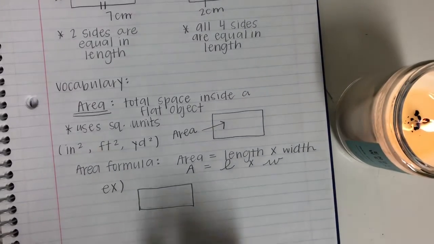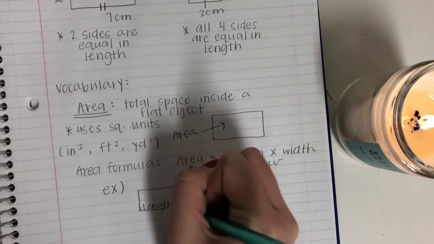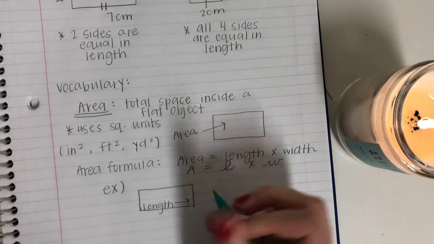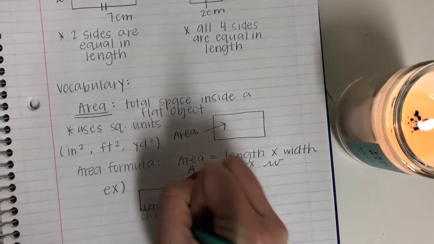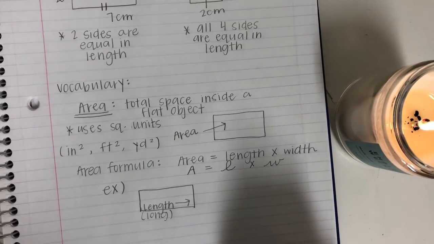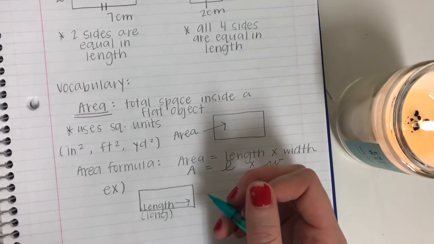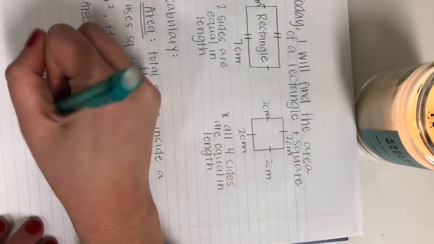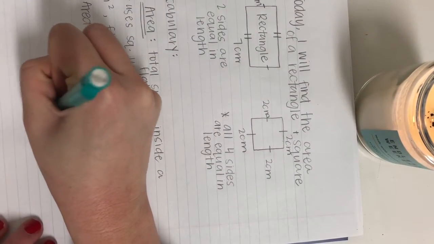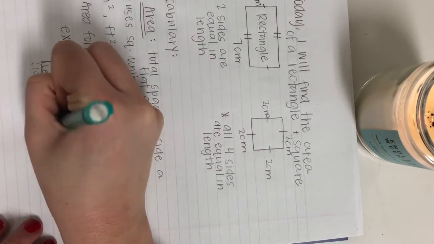Okay, so this is the length, how long something is. So when you think of length, think long. So the longer side. And then width is how wide something is. So I'm going to turn my page. And I'm going to write width here, and I'm going to write wide.